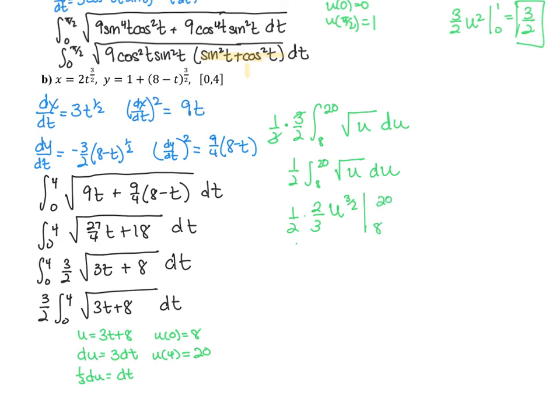So I really have 1/3 of u to the 3/2 evaluated from 8 to 20. Well, this won't be super pretty, but 1/3 of 20 to the 3/2 minus 1/3 of 8 to the 3/2. I'm okay with this as an answer.